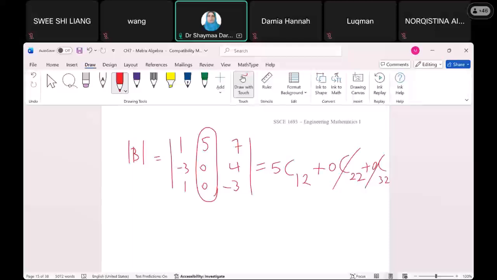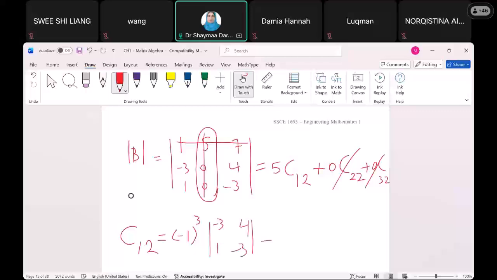So the cofactor 1, 2 equals minus 1 to the power 3. Now cancel this row with this column. So the remaining is minus 3, 4, 1, minus 3. Minus 1 to the power 3 is minus 1.